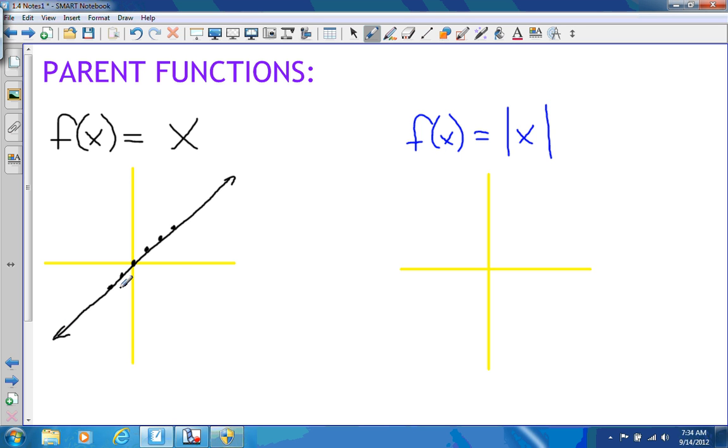It's a linear function. The domain of this function would be all reals, from negative infinity to infinity. The range is also going to be all reals.